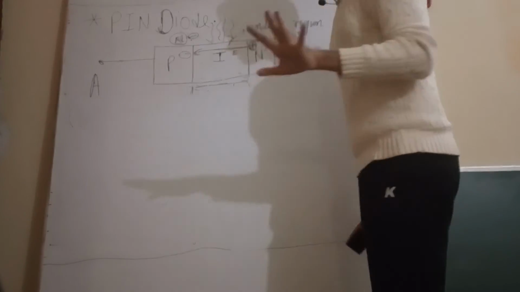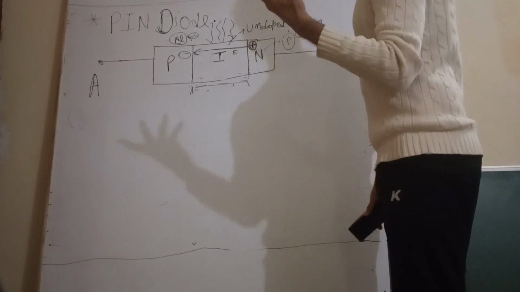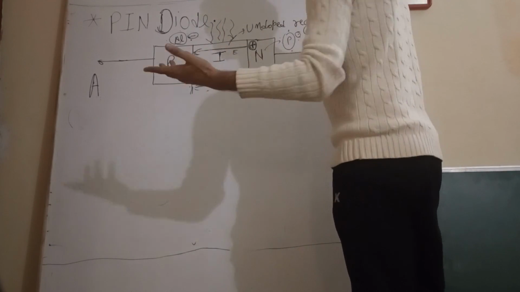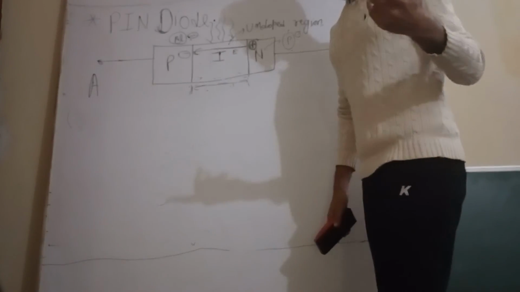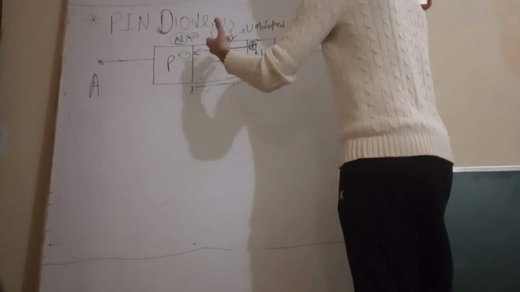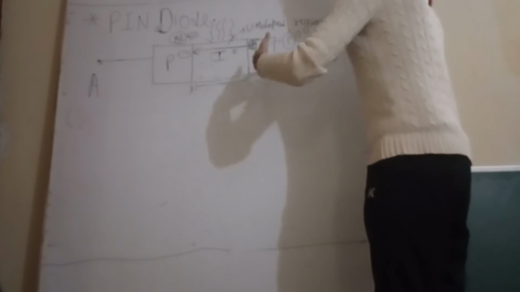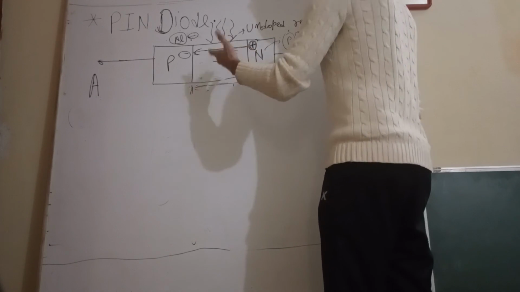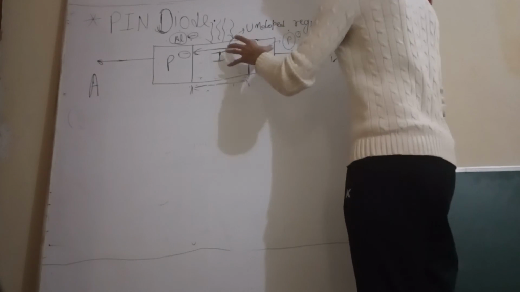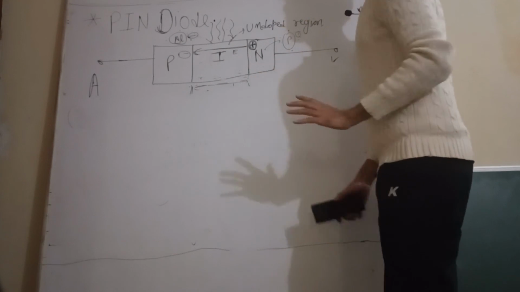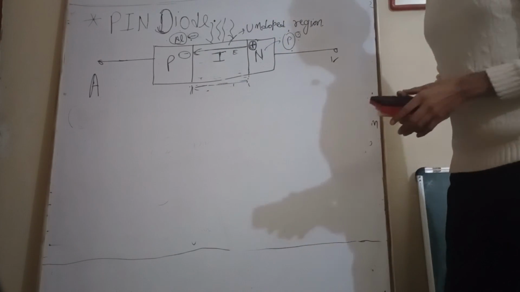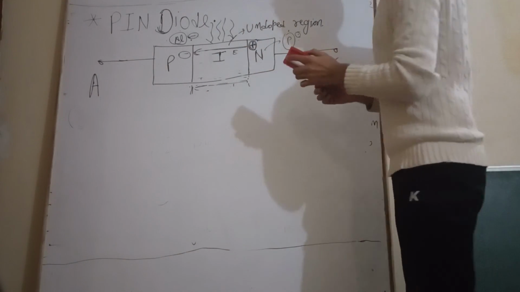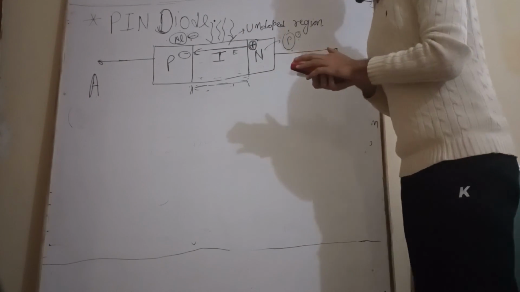We have seen four important features, and also it provides high breakdown voltage. It bears a large breakdown voltage, so the PIN diode also improves the breakdown voltage. These are some important features that we have seen in the case of the PIN diode. So that's all about the PIN diode.